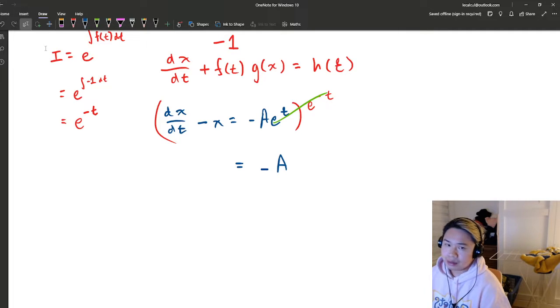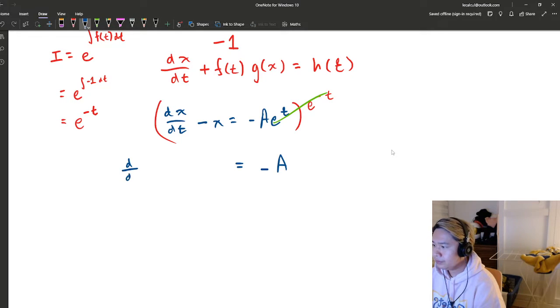And the whole purpose of this is that when you multiply by the integrating factor on this side, you've created a product rule. And so we know that this is the derivative of the function g right here, which is just x, times the integrating factor.